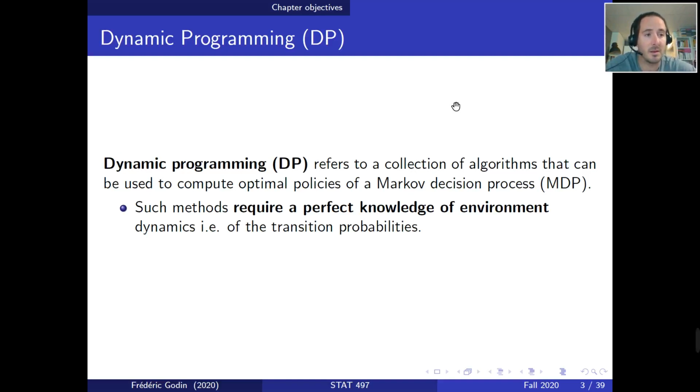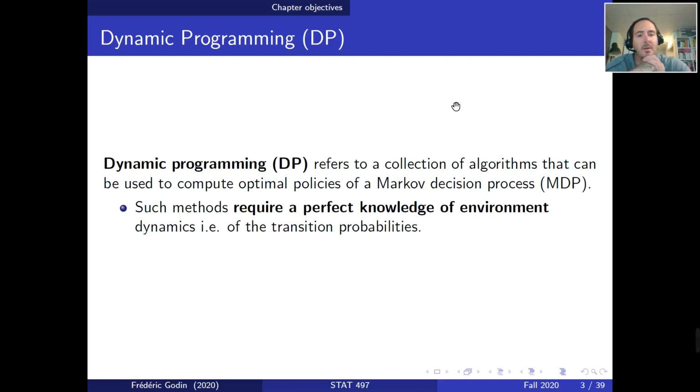We know it exists from the previous chapter; we defined it, but now we're going to show how to compute it in practice.